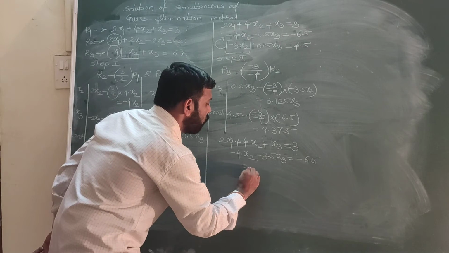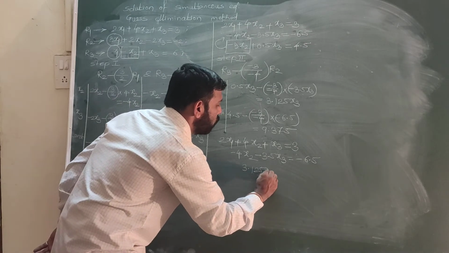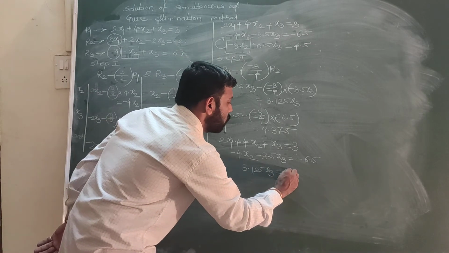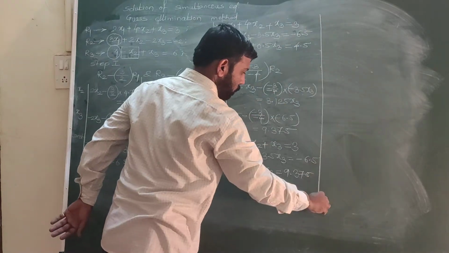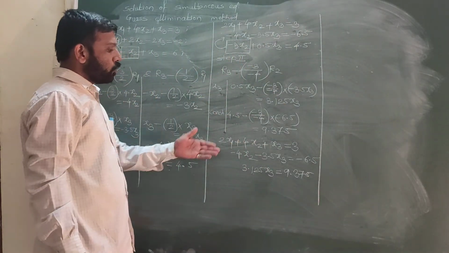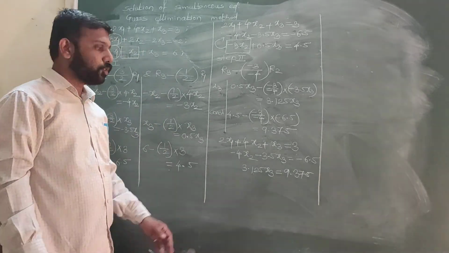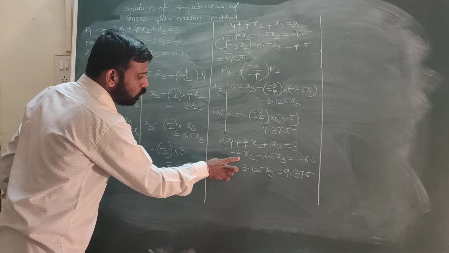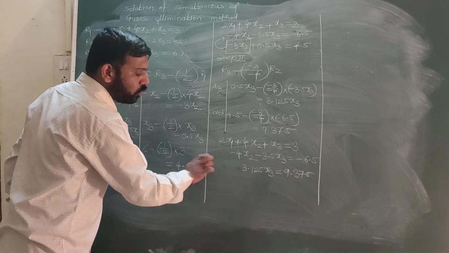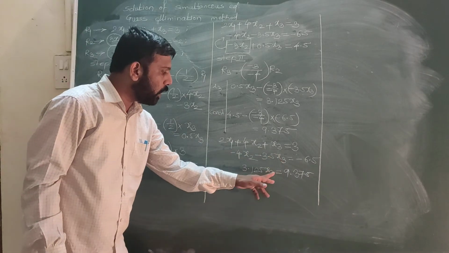We got here 3.125 x3 which equals the constant. So the given system of equations is reduced into upper triangular form. Below the diagonal these two become 0, below the diagonal x2 this becomes 0, only x3 remains.